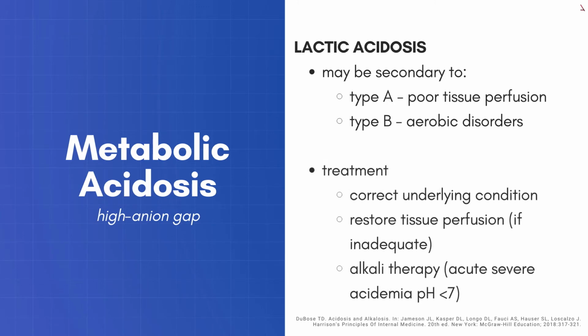The treatment for lactic acidosis is to correct the underlying condition, restore the tissue perfusion if inadequate, and to give alkali therapy for acute severe acidemia of pH less than 7 to improve cardiovascular function.